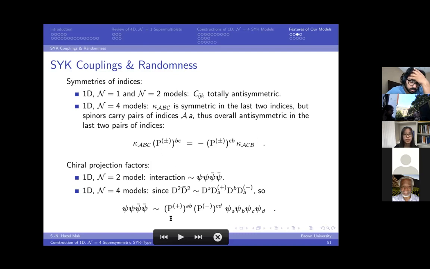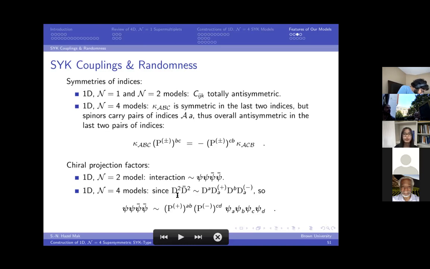And the second thing is why these chiral projection factors are flying around. For example, in 1D n=2 models, the interaction term is like psi bar. And when we go to n=4, you can either do it in 4 component notation, or in 2 component notation.